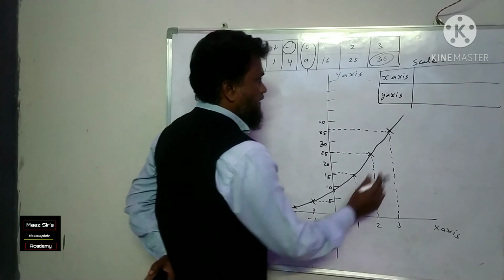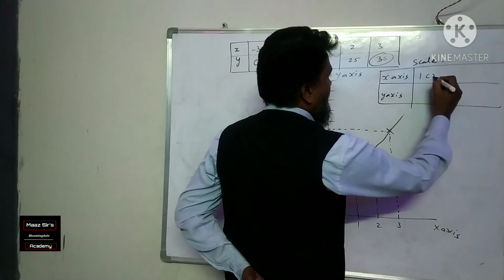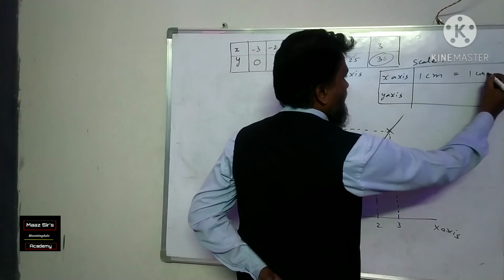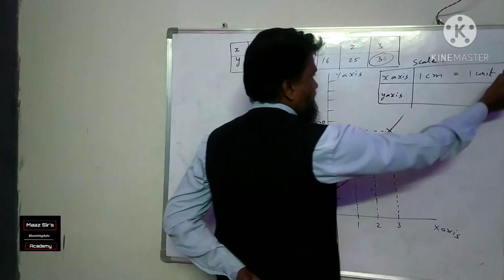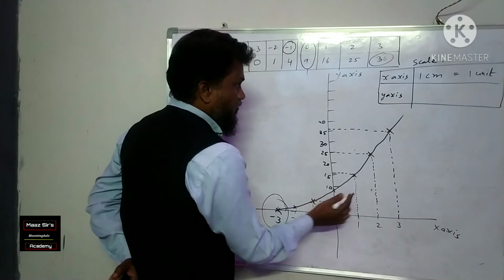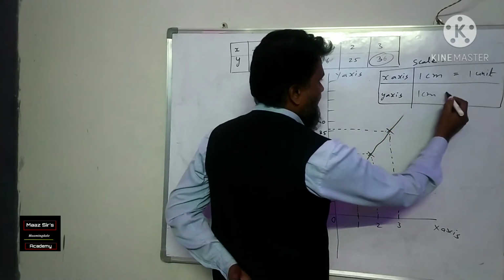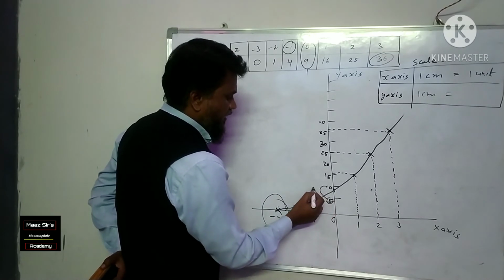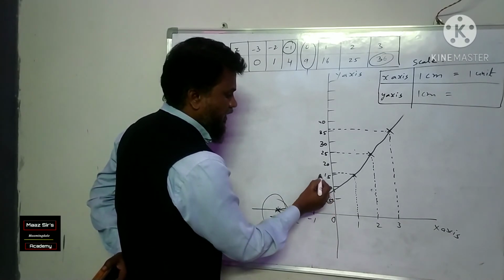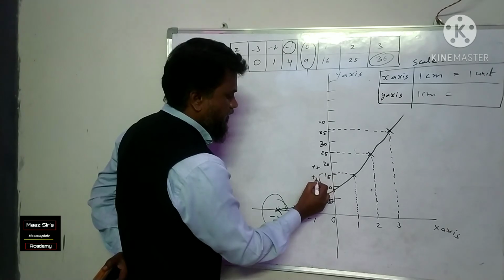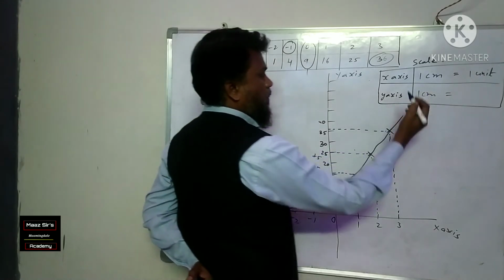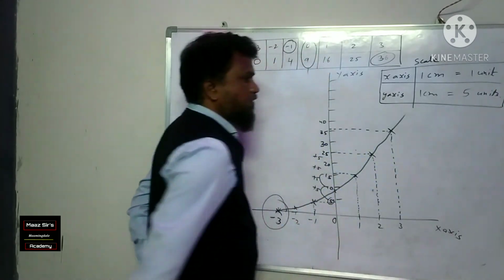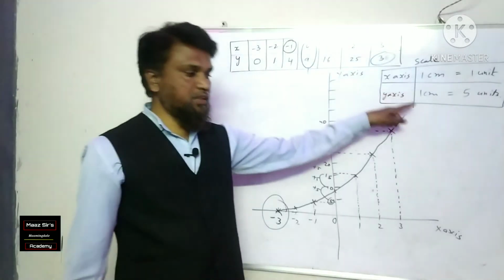So for the x-axis, 1 centimeter is equal to how much? I am taking 1 unit. Similarly for the y-axis, 1 centimeter is equal to 5, because I am adding 5 plus 5, again plus 5 plus 5. So the scale is 1 centimeter equals 5 units. You have to write the scale here.